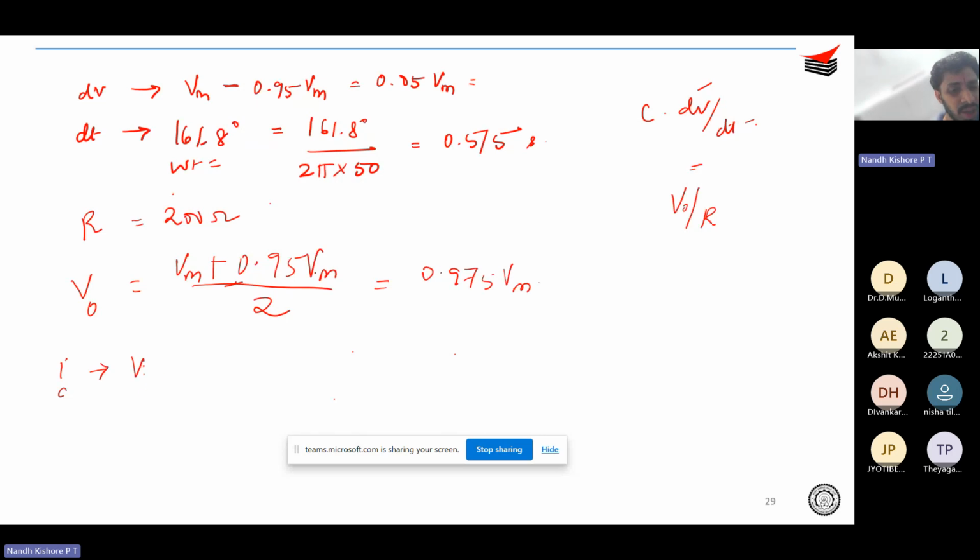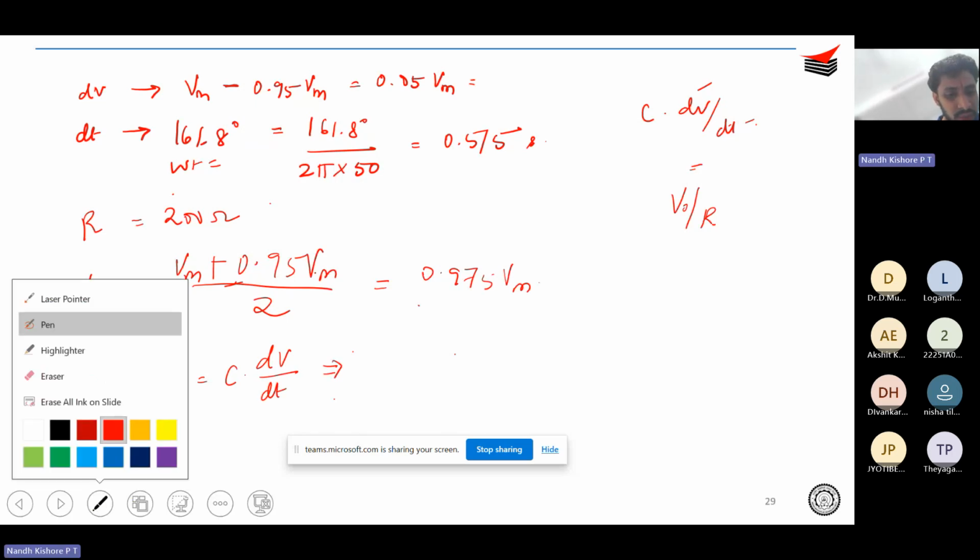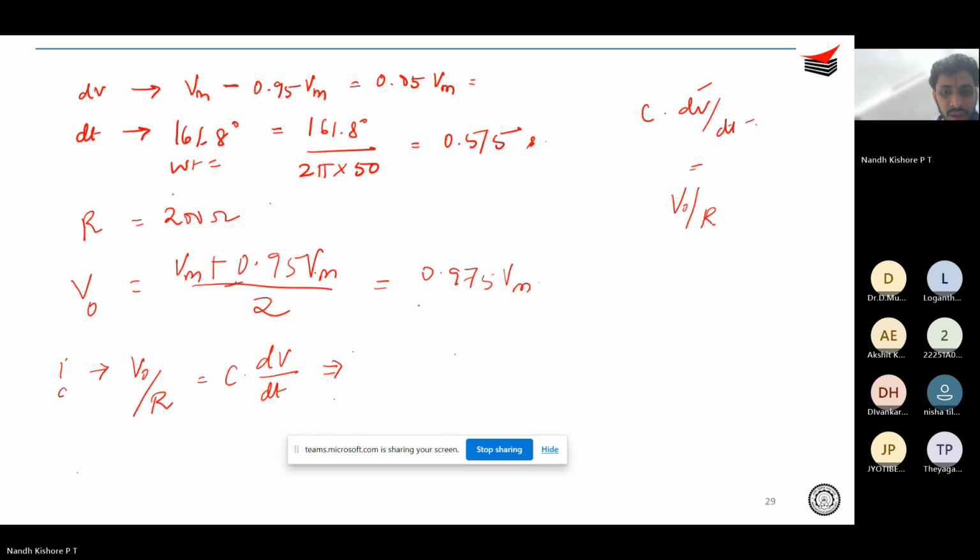Capacitor current, V naught by R, is equated with C dV by dt. So 0.975 Vm divided by R, which is 200 ohms, is equal to C into dV, which is 0.05 Vm, divided by dt, which is 0.515.